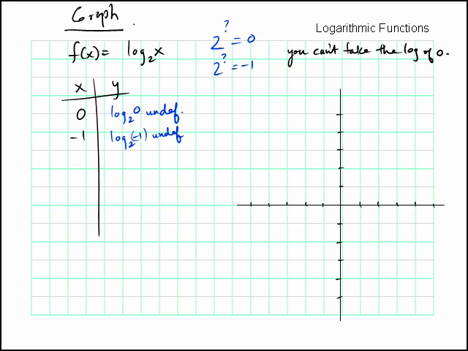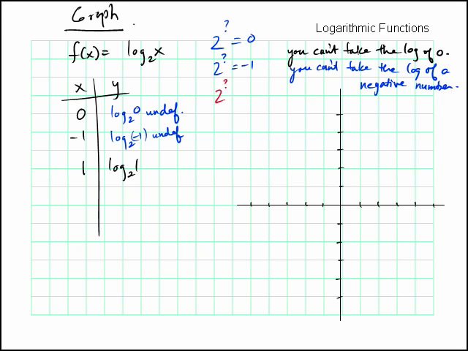So you can't take the log of 0, you can't take the log of a negative number. What's inside the logarithm must be strictly positive. So I guess here I will start at 1. Okay, now the log base 2 of 1, that I can work out.